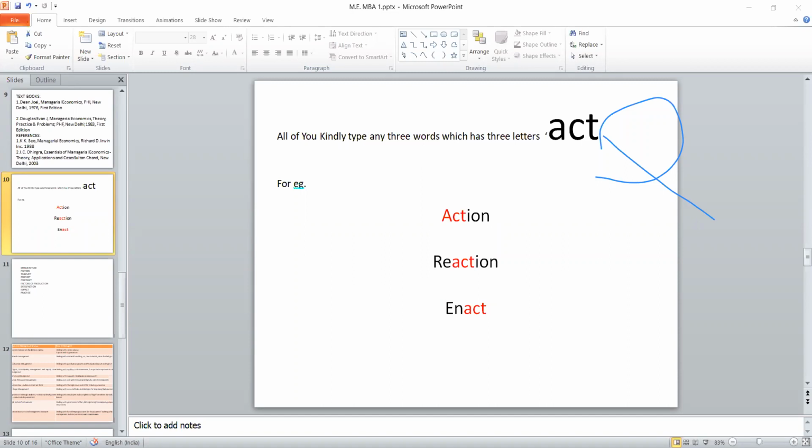Activate. Contract. Super. Who is that? Activity. Attraction. What about others? Only those 5 or 6 keep on typing. What about the rest of the 10? Activation.